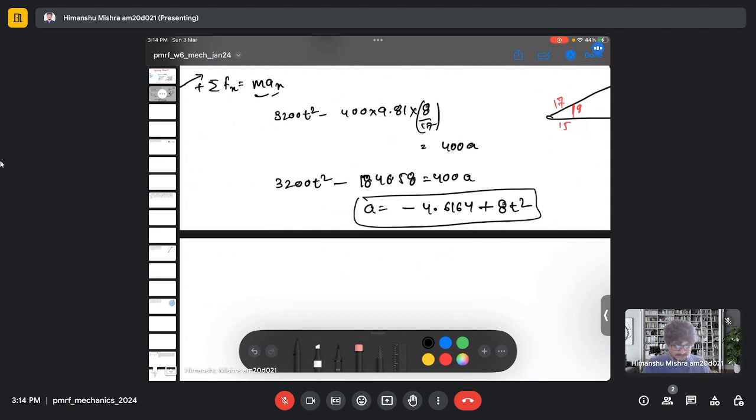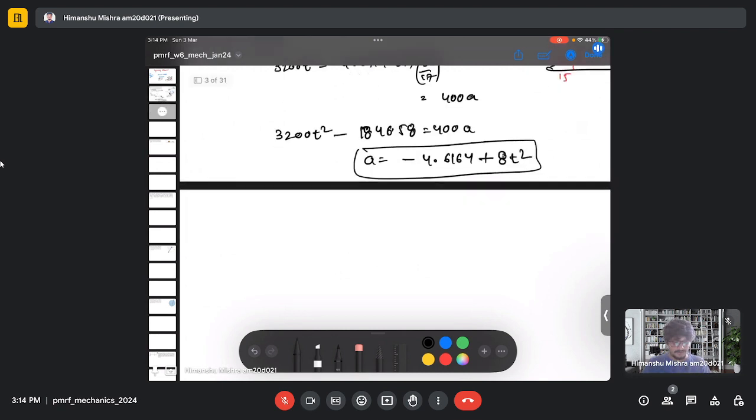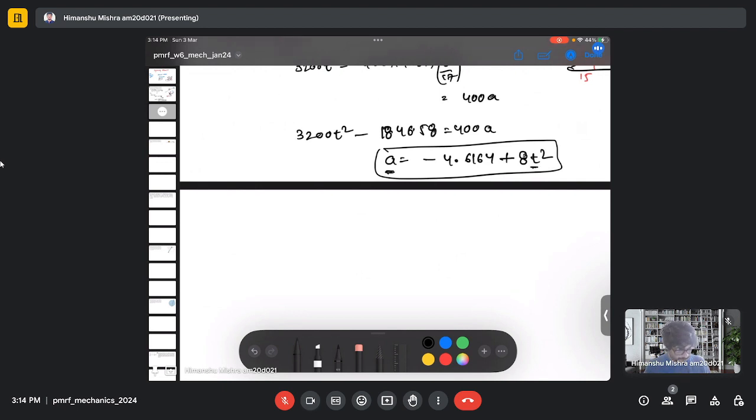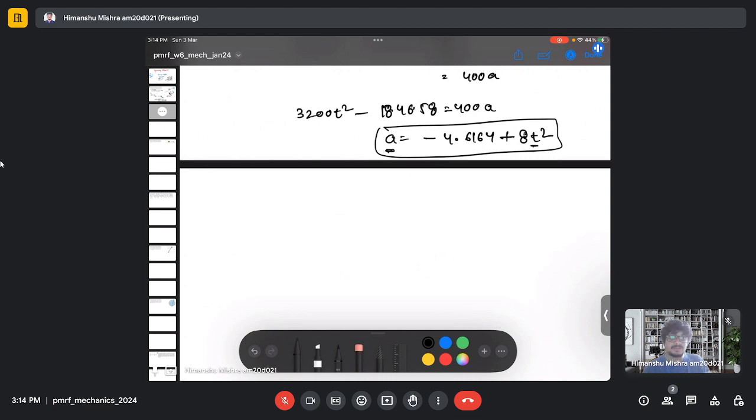and one can see that we got the relation of acceleration, which is a function of time. And since the acceleration is given in terms of time, we can use a relation where the acceleration can be given as rate of change of velocity.